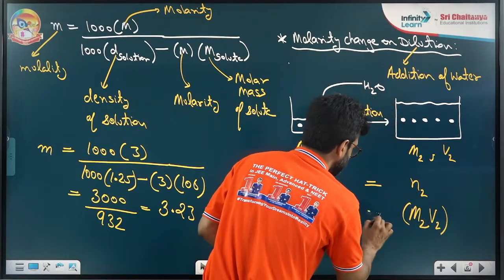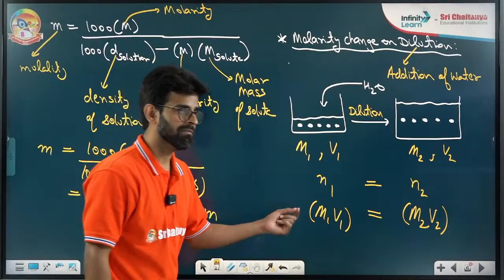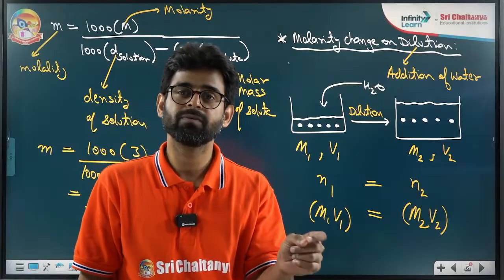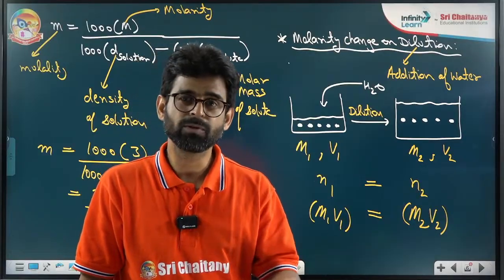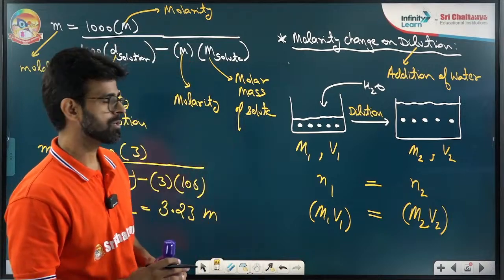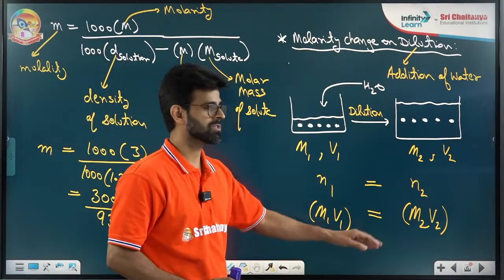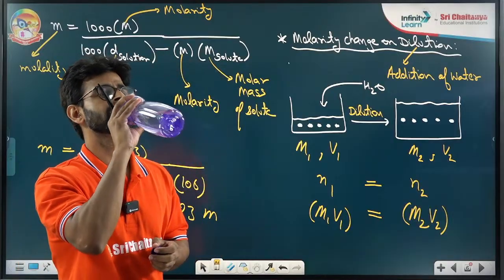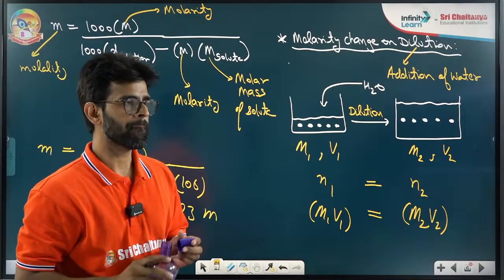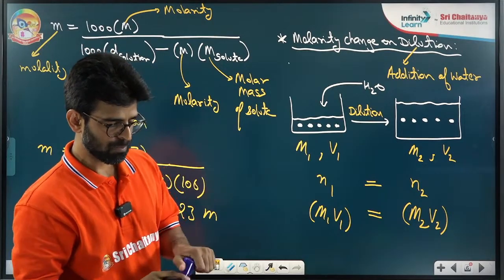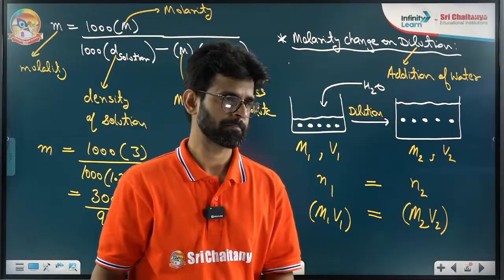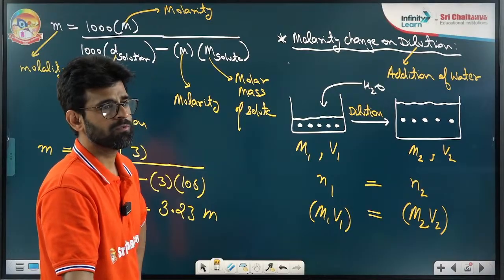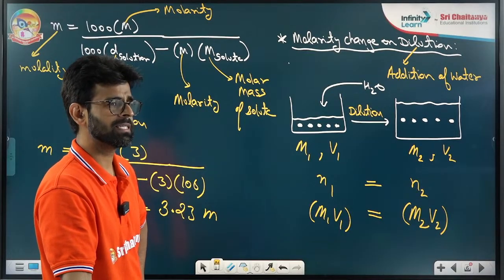So if moles remain the same, I can write M1 V1 equals M2 V2. The multiplication of molarity and volume will remain the same, even if you do dilution. So if you want to solve a question of dilution, just equate M1 V1 equals M2 V2. Is it clear? Yes. So we can say M1 V1 equals M2 V2 for the dilution question.